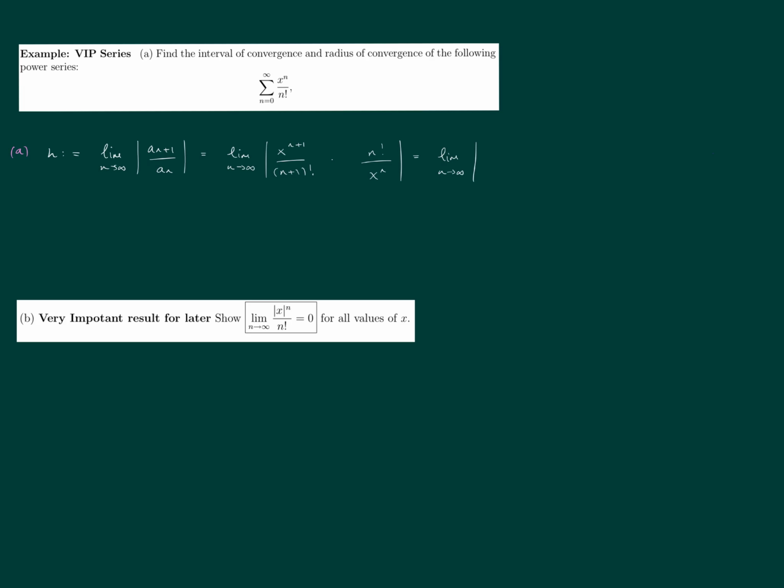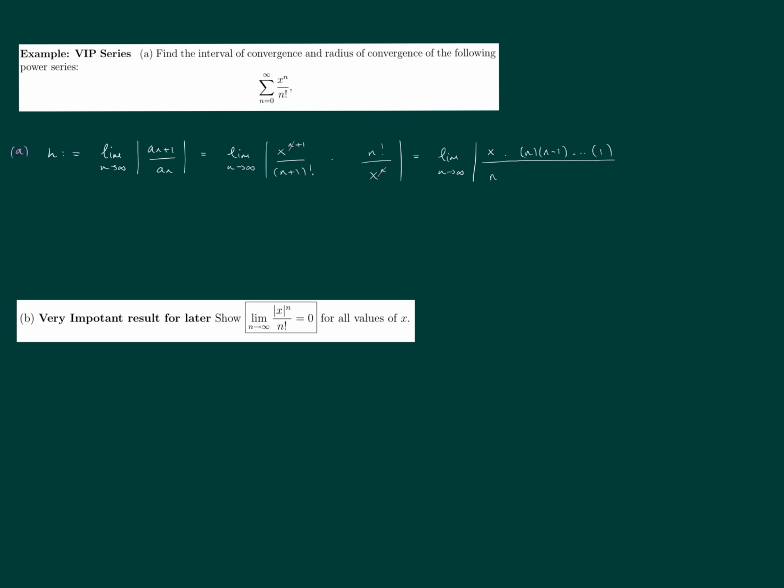Now let's see what cancellations we get. Well, the x to the n is going to cancel with the x to the n plus 1 up top. And now we need to see how the factorials cancel. But remember what factorial was defined to be. So n factorial is n times n minus 1 times all the way down to 1.